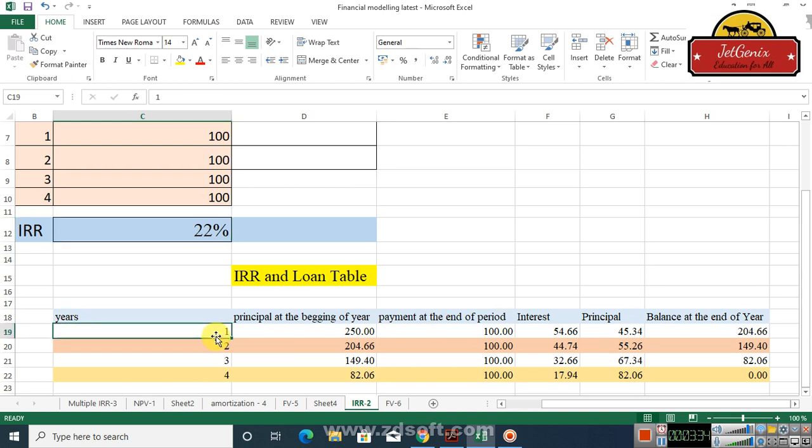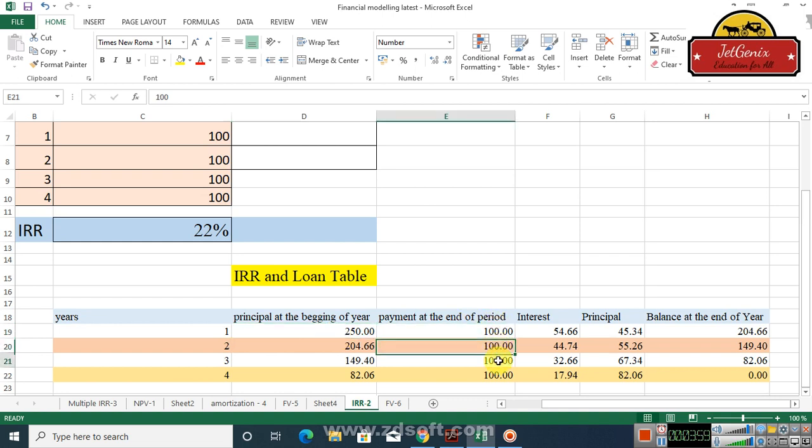For example, in year 1 we have the principal amount, because the IRR creates an amortization table in its background. That's why in the first year the beginning balance of your loan is 250, and that was the minus figure in our cash flow stream. This is the cash outflow, and these are the upcoming cash flows, I mean the cash inflows.